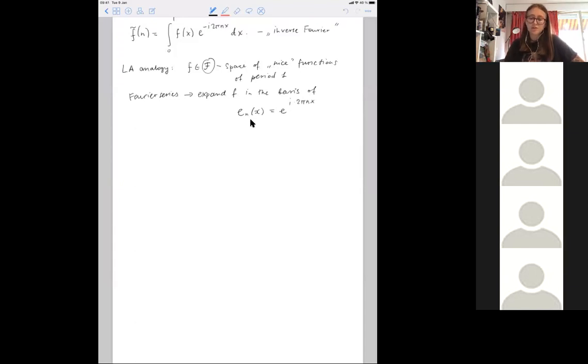And as we've seen just before, this is not only a complete basis for this space, but it's also an orthonormal basis.